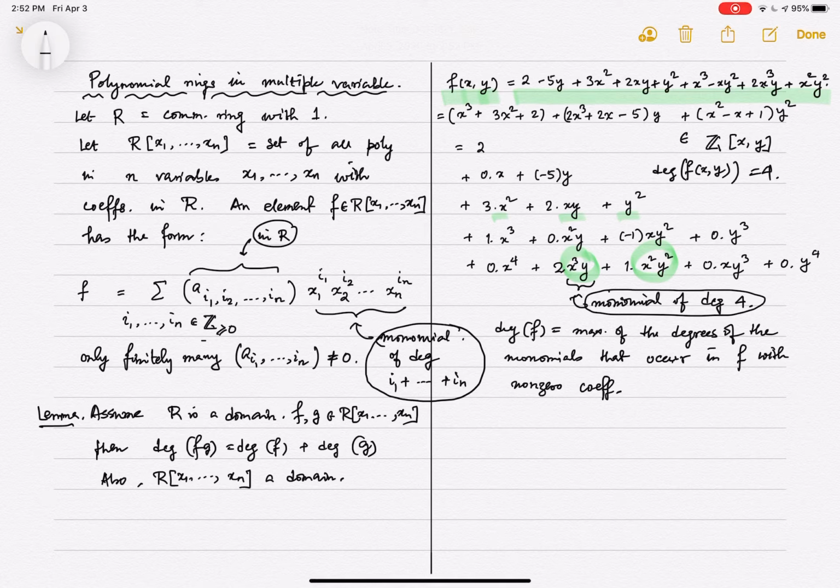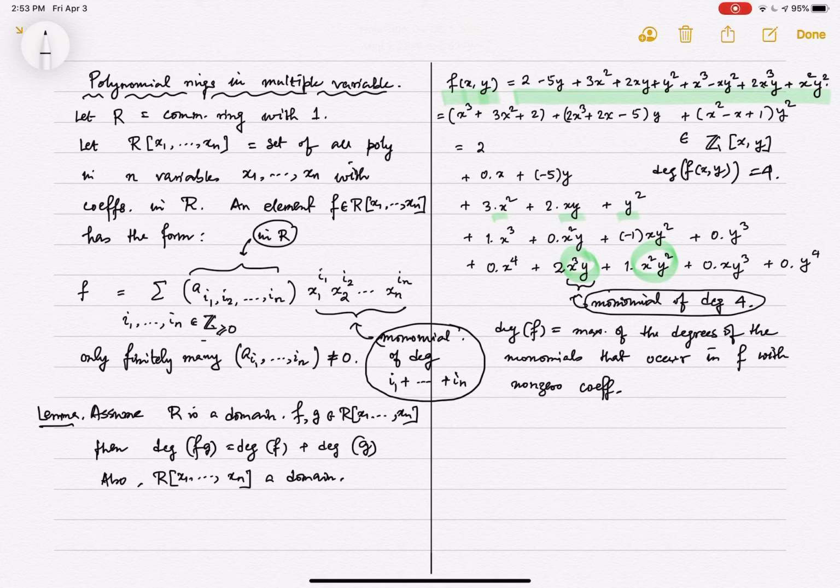What fails in multi-variable polynomials is that you don't have such a nice clean-cut division algorithm. The division algorithm does generalize, but in a much more subtle way, and it's rather delicate. But this much you do.